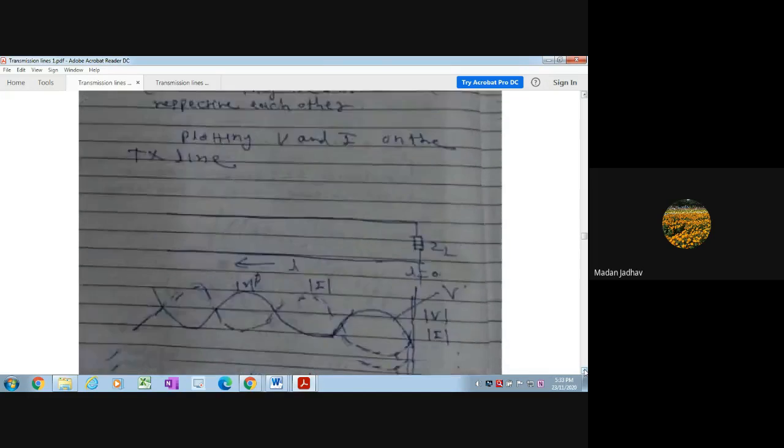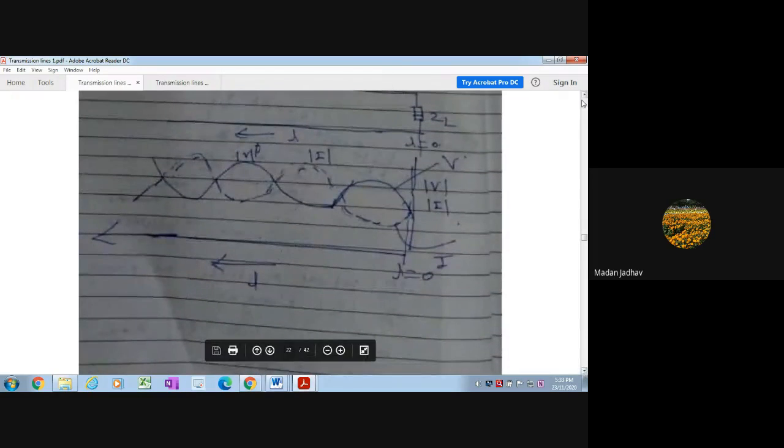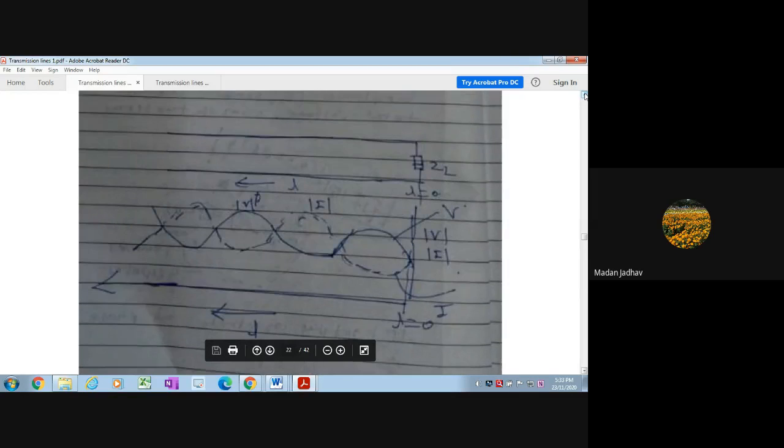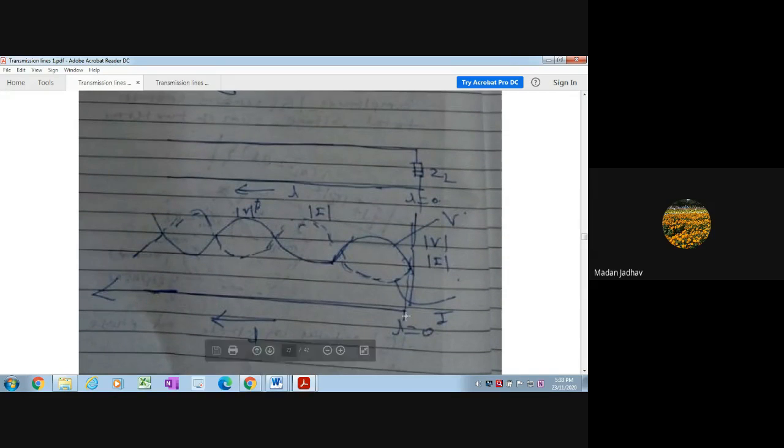Now if you plot the voltage standing wave ratio, you see that here L is equal to 0, and as L increases, this is your voltage and current. That is the common axis we have used for the voltage and the current.